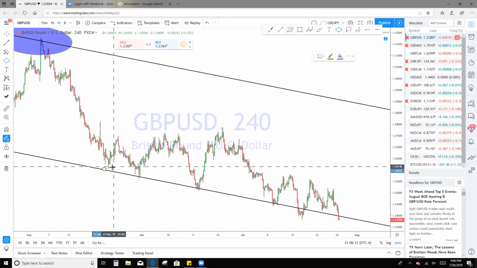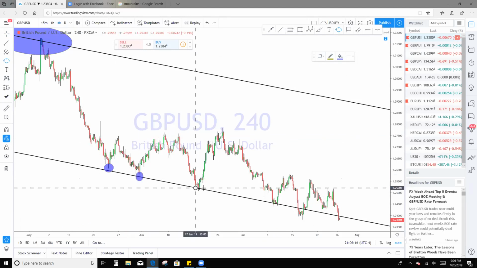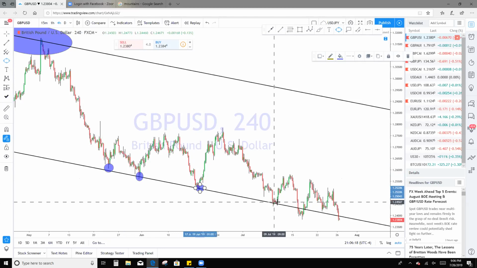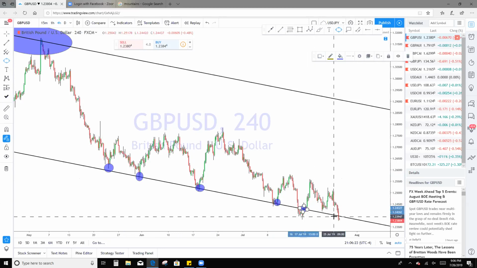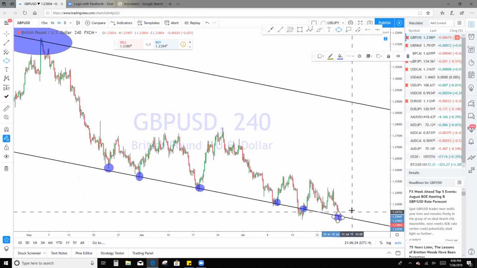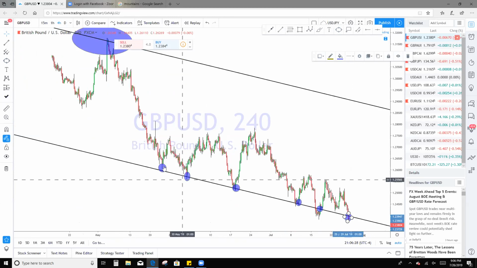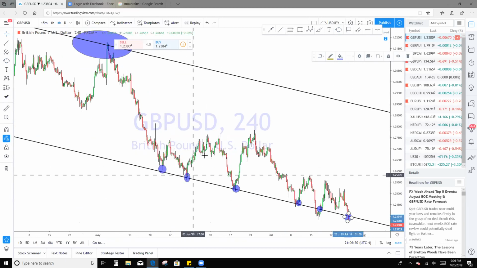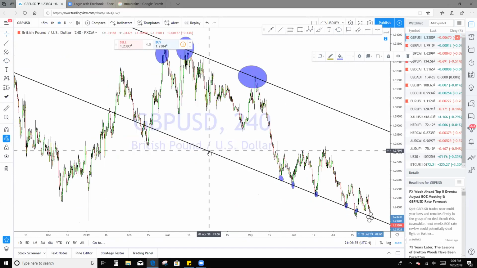So when I'm looking at this on a lower time frame, I'm asking myself, what happened every single time price came here and touched these lows? Every single time, it rose. So you can consider this line to be a very strong what?